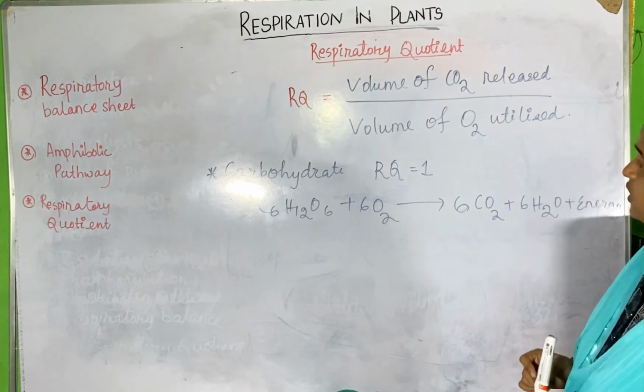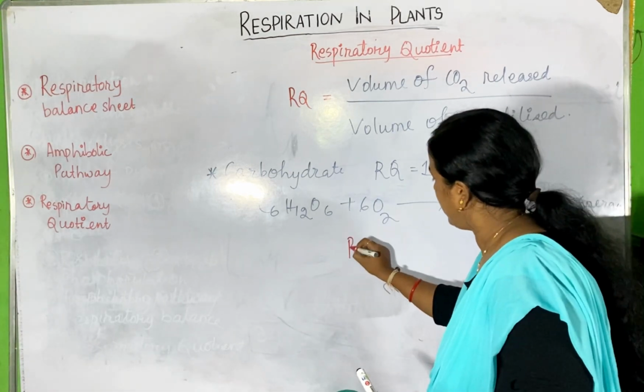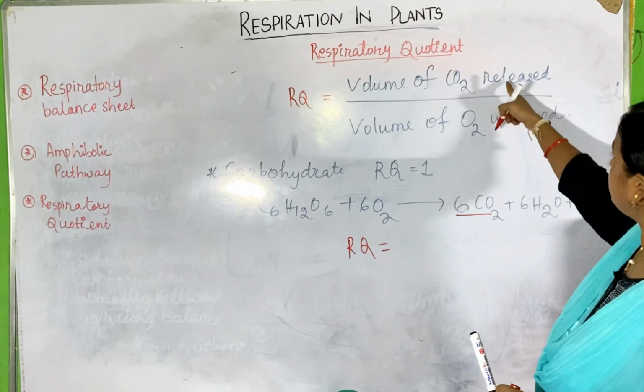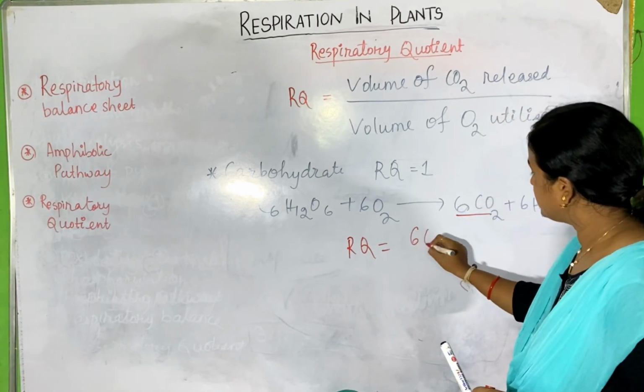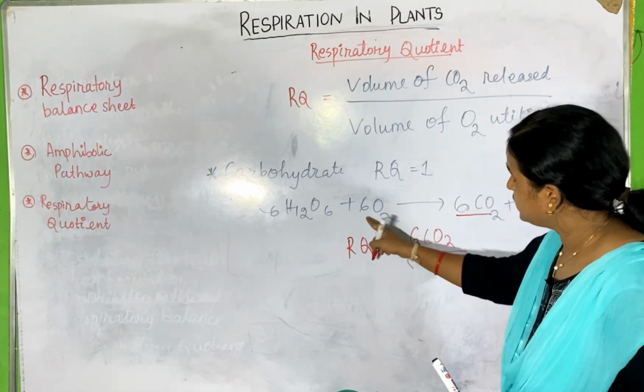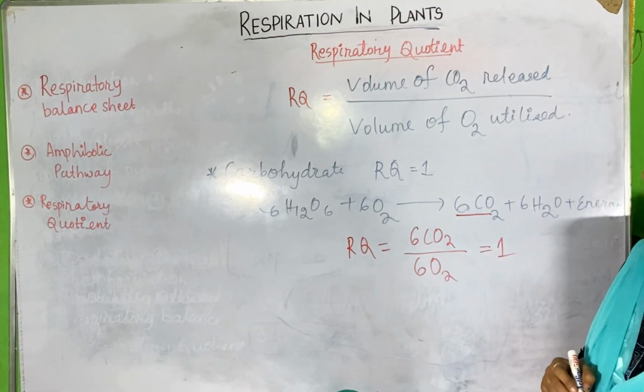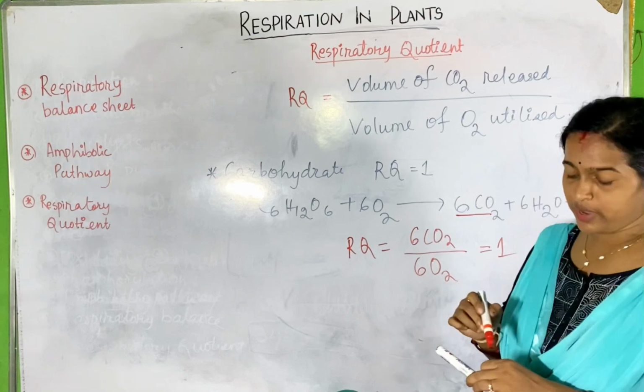Now the respiratory quotient RQ equals the volume of carbon dioxide released, 6 CO2, divided by 6 O2, equal to 1. So for the carbohydrate, the RQ is 1.